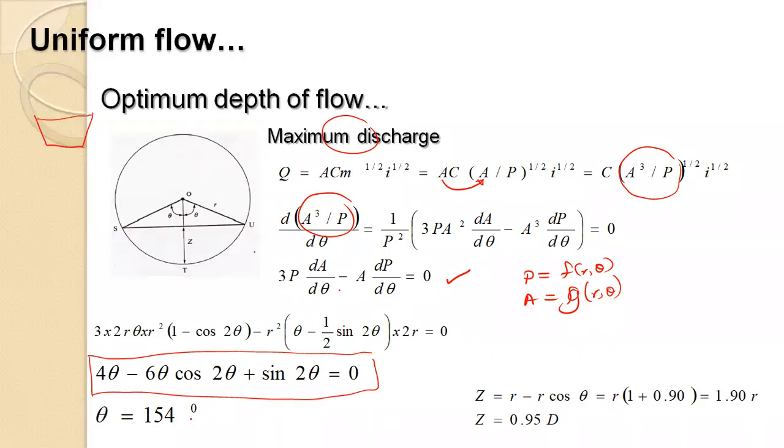And if you look at it, 154 degrees will correspond to a water depth of 0.95 times the diameter of the pipeline. So this is what you would get for the water depths when you have to consider the maximum velocities and the maximum discharges.